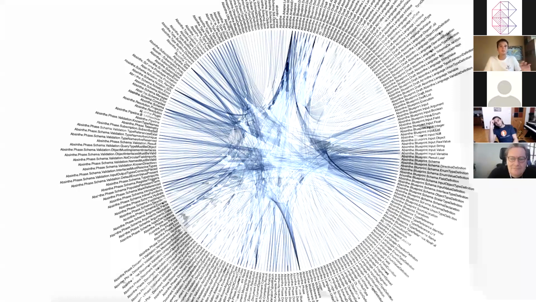This is zero dependencies. Every module starts with Absinthe. I actually haven't thought of it before, but it would be a very interesting exercise to compare this graph, I'm not sure how, to the GraphQL spec, like how many of these connections are actually coming from the complexity of GraphQL.